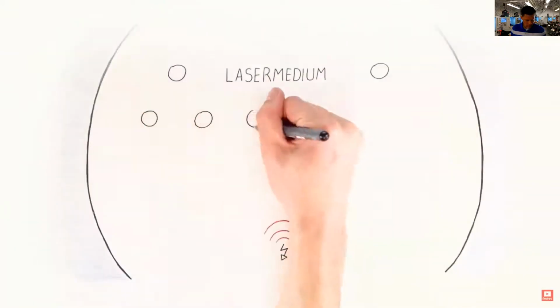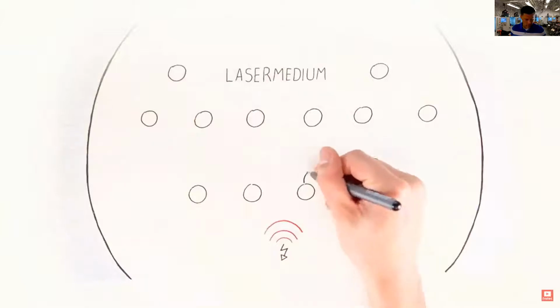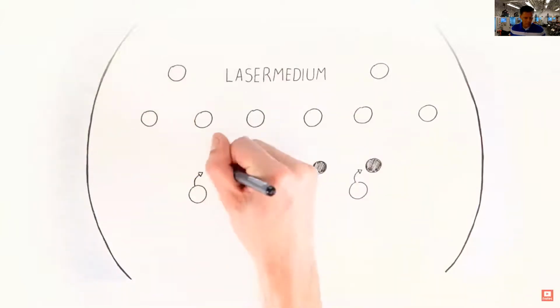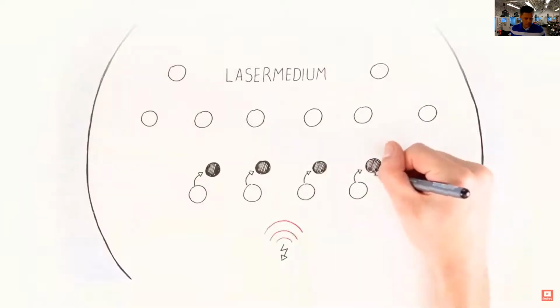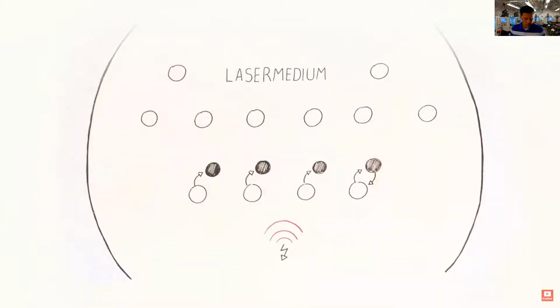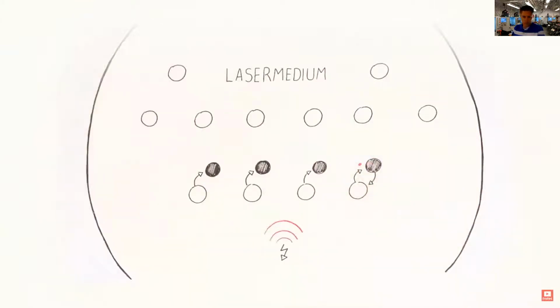The laser medium consists of particles that are in their basic state. The pump feeds energy into the particles, and they rise to a higher energy level. If any of these particles then falls back into their basic state, energy is released in the form of a photon, also called a light quantum.